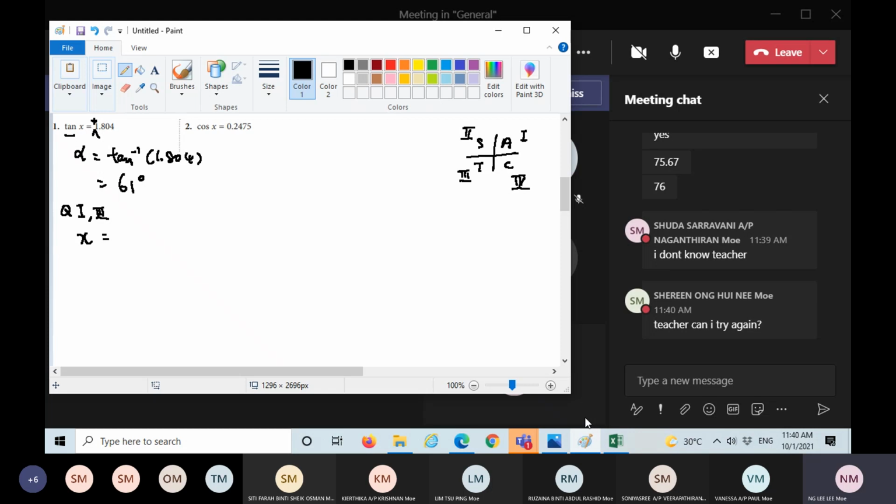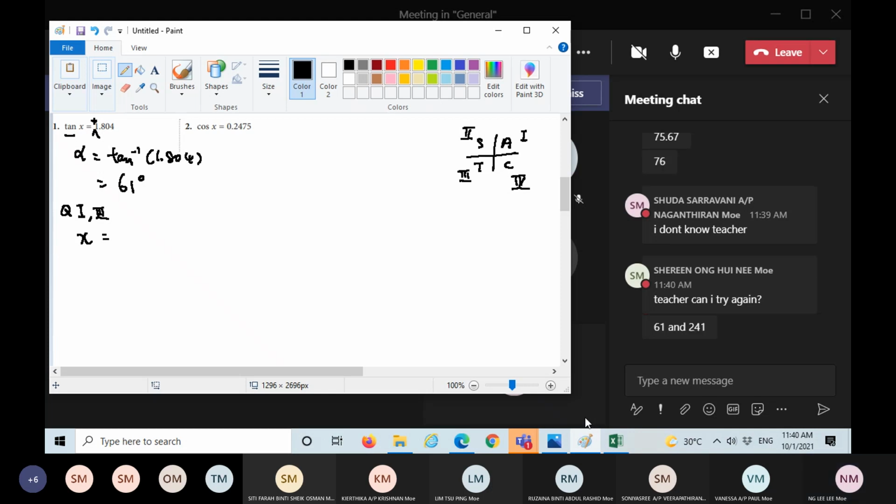Give me the answer in the first and the third quadrant. 61 and 241. Okay, can you please tell me how you get the 241?